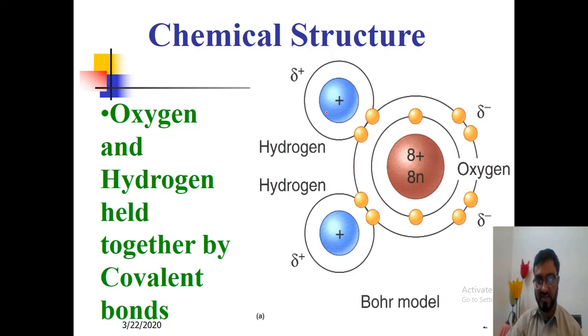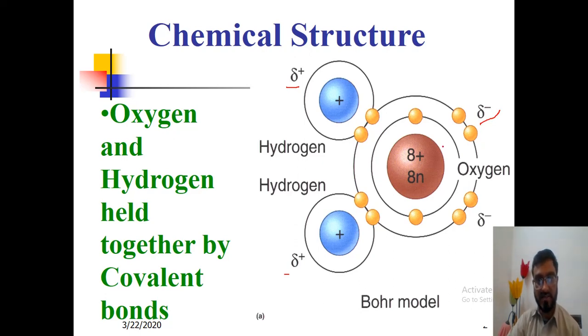The hydrogen atom is comparatively smaller as compared to the oxygen atom. So what are the properties of that? These hydrogen atoms have a partial positive charge, and the oxygen atom has a partial negative charge.